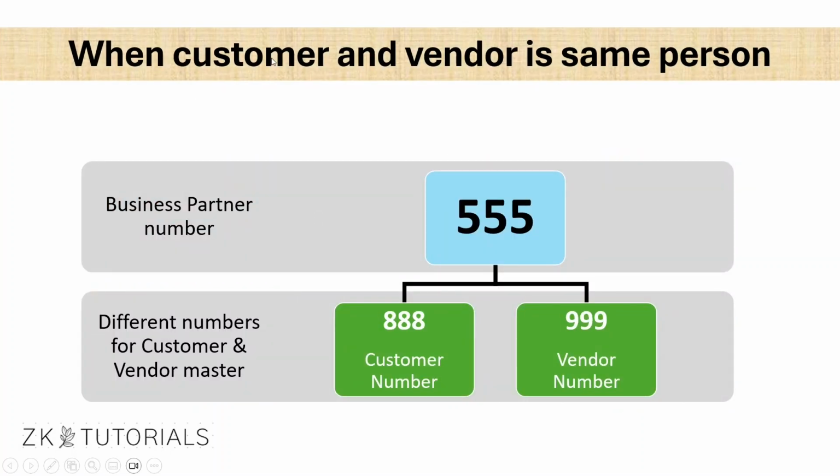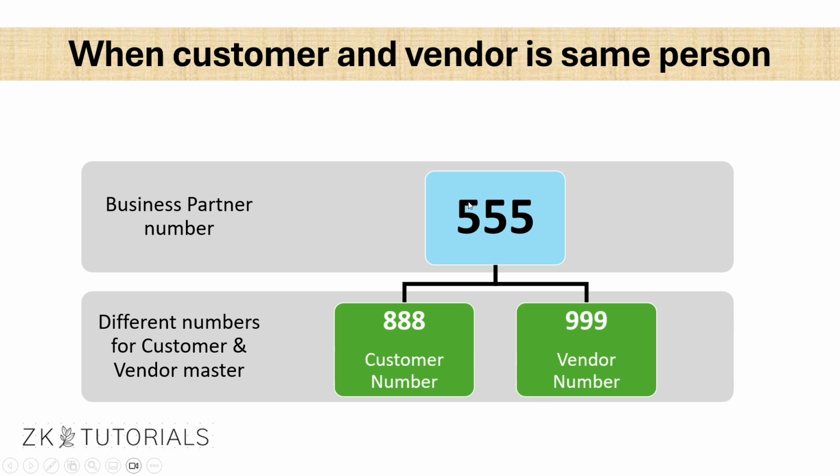As I have said, when customer and vendor is the same person, this is how it goes. Suppose business partner number is 555, but customer number will be different and vendor number will be different. Reliance is customer as well as the vendor. They are purchasing goods from us, and they are also selling goods to us.